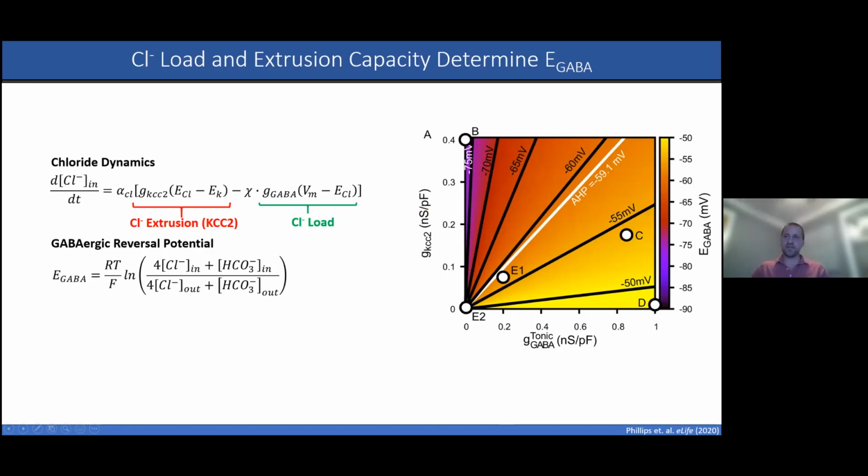Depending on where you sit in this 2D space, you're going to have different GABAergic reversal potentials. On average, for a low extrusion capacity, you're going to tend towards more depolarized E-GABA, and as you decrease the chloride load, you're going to tend towards more hyperpolarized and more inhibitory GABAergic reversal potentials.